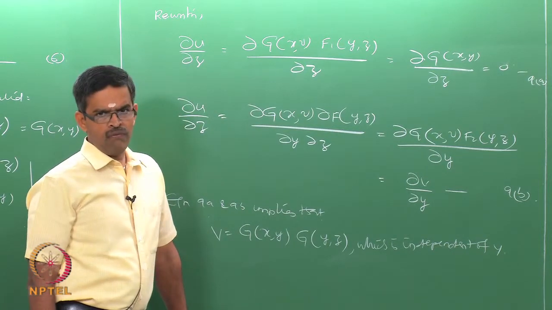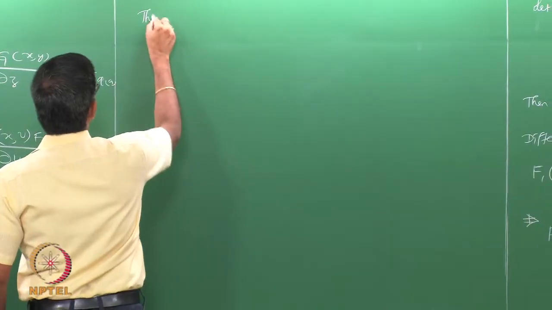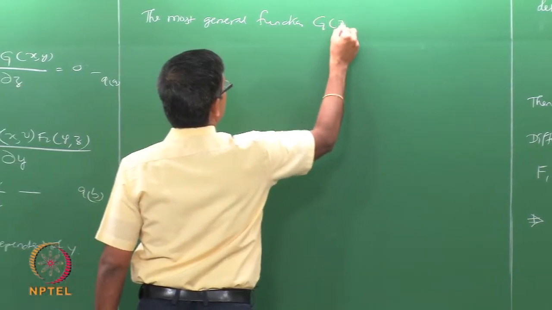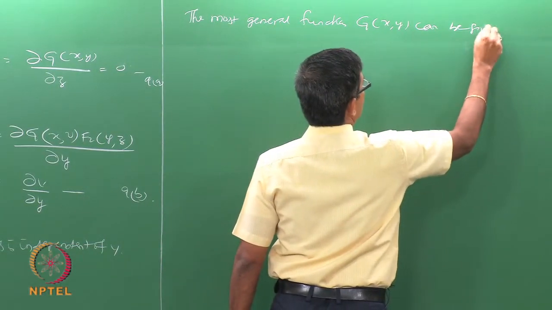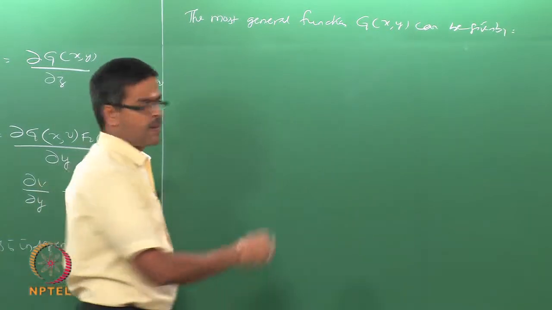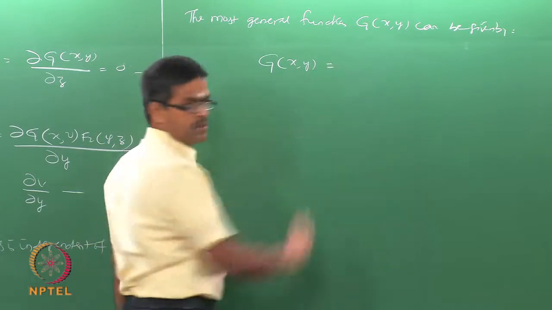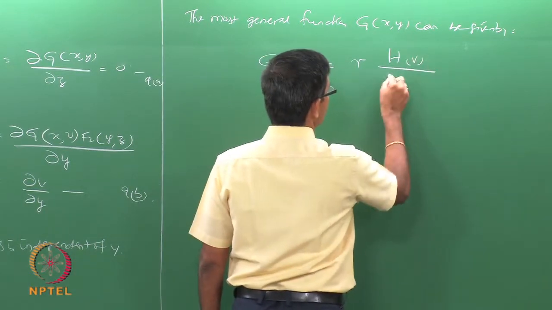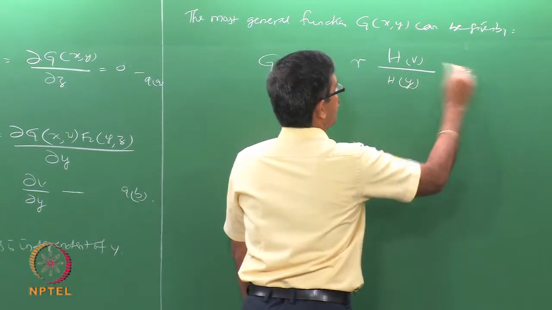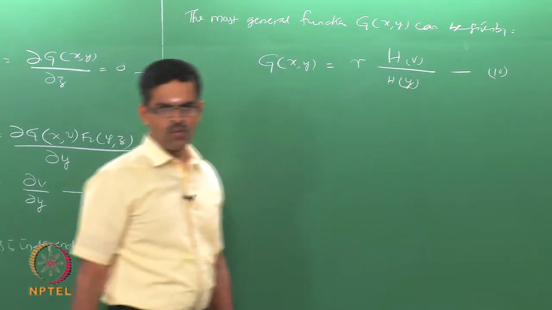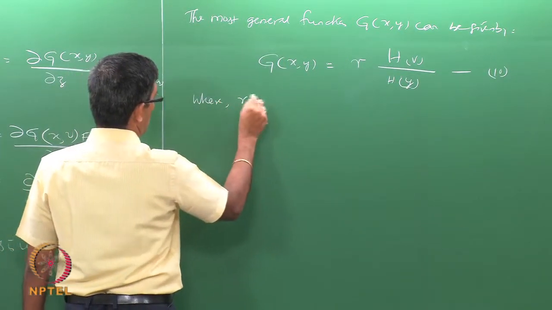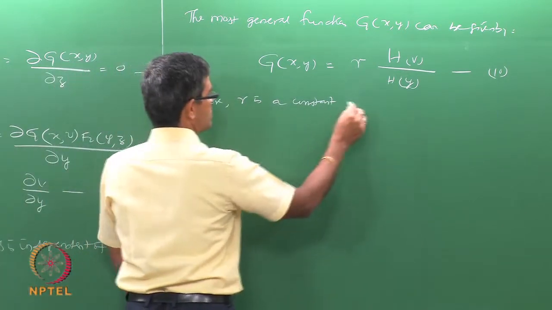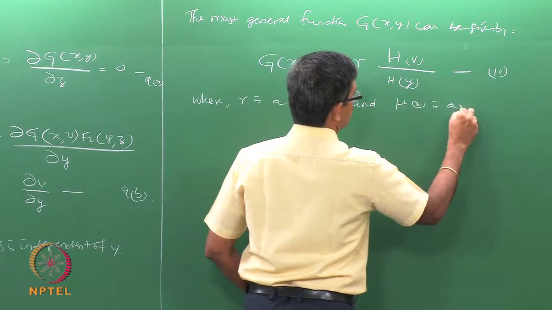Therefore, the most general function g x y can be given by g x y is actually equal to r h of v by h of y, where r is a constant and h of x is arbitrary.